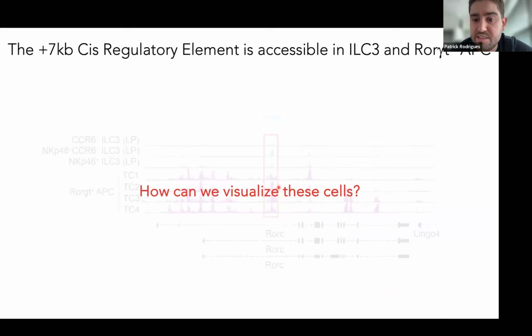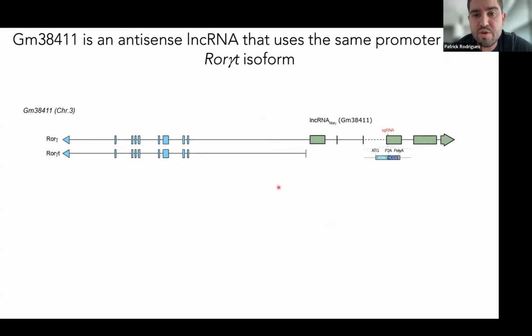So how can we visualize these cells, to prove the point that they are actually affected by this 7kb enhancer? To answer this question, we took advantage of GM38411. This is an antisense long non-coding RNA that uses the same promoter as the Rorg-T isoform. And what we did was to generate an iCre human CD2 reporter mouse.